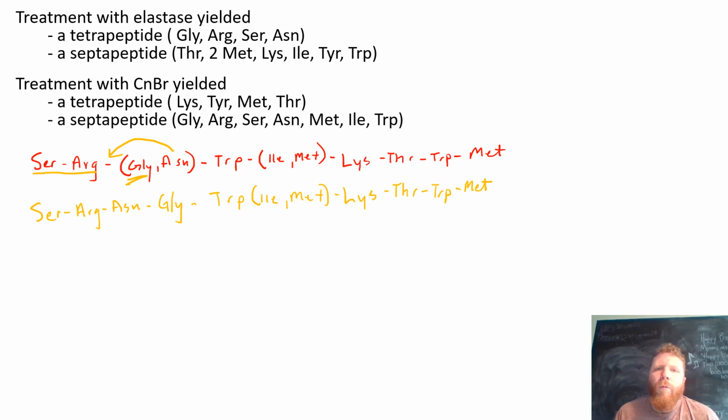Now, when we cut with cyanogen bromide, what is that going to give us? Cyanogen bromide is going to cut after methionine. Okay, so we need to find where our methionines are. Here's methionine, and cyanogen bromide would cut after that.